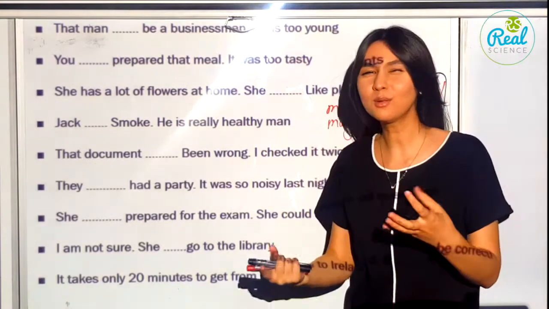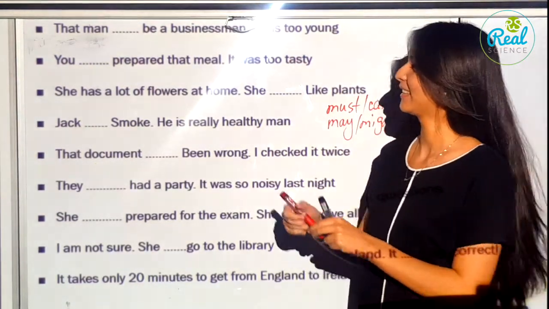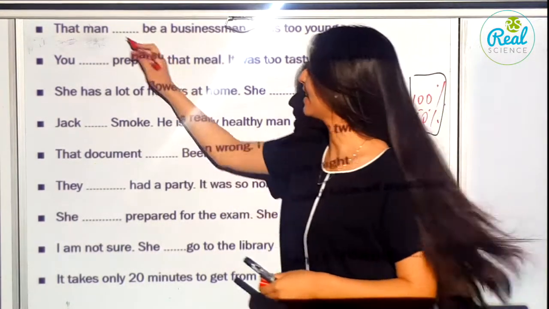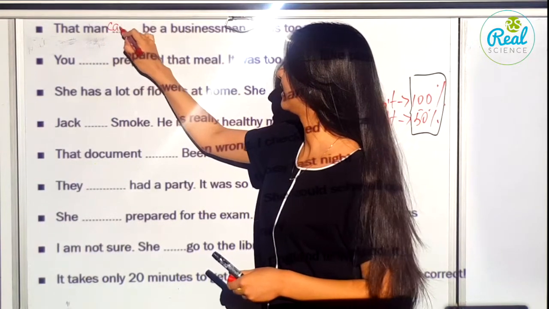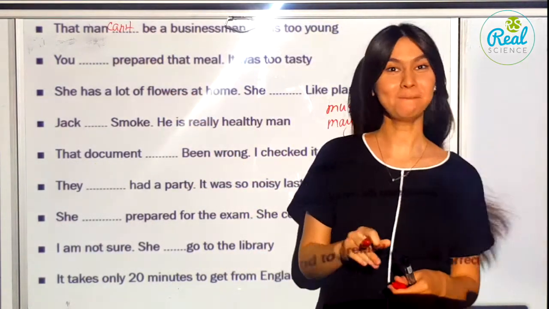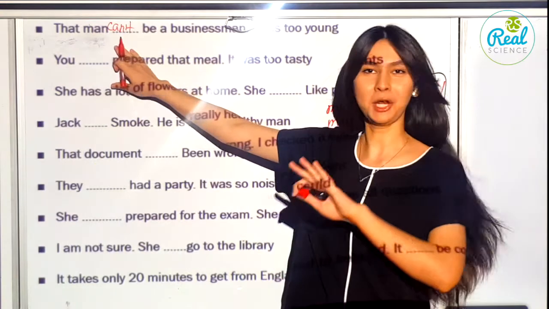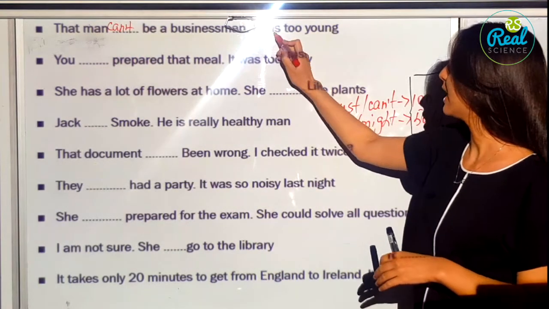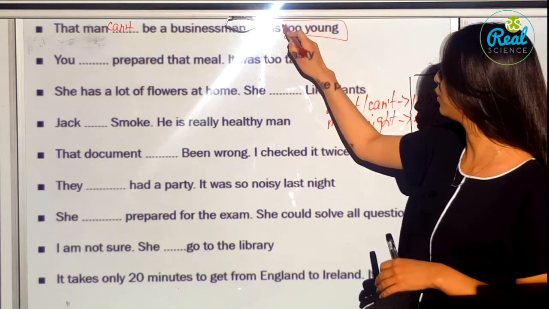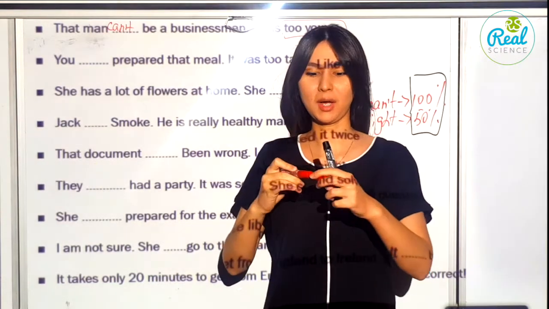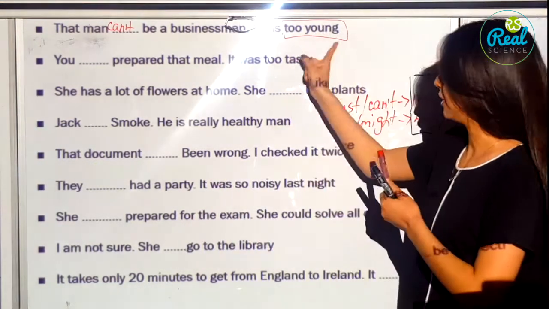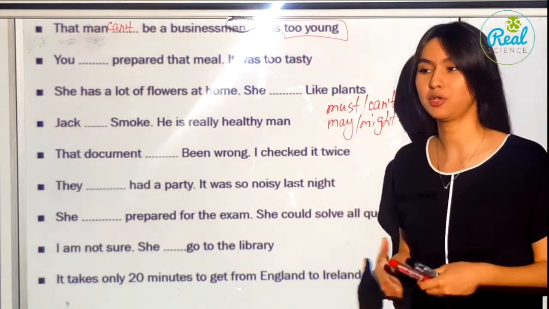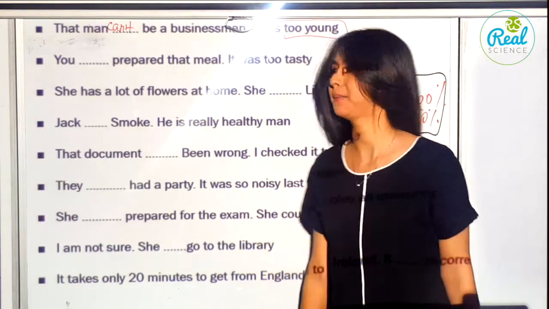Can't be, yes, or mustn't, because he is too young. Good job. That man cannot be a businessman because he is too young. Here you have the proof that he's too young. That's why you are 100% sure that he cannot be a businessman.